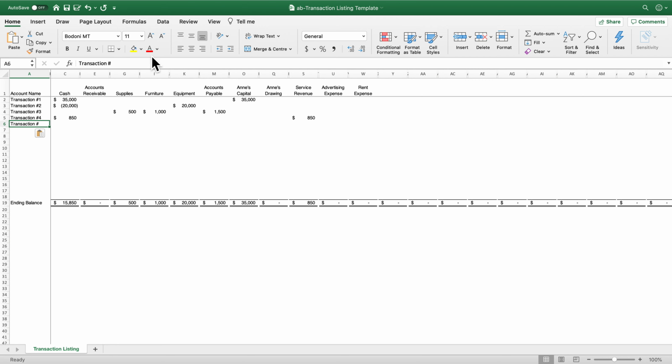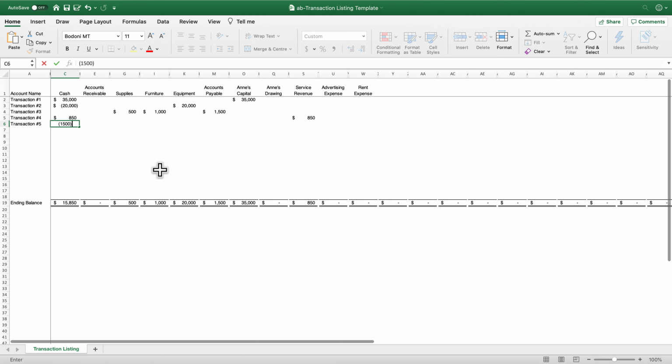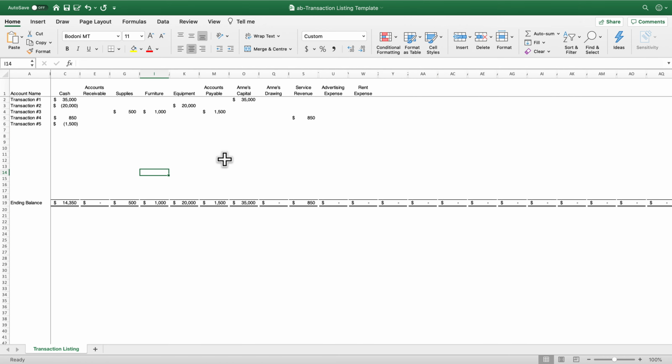Transaction number 5. Anne decides to pay off the accounts payable here. So she has $1,500 cash leaving the organization, right?